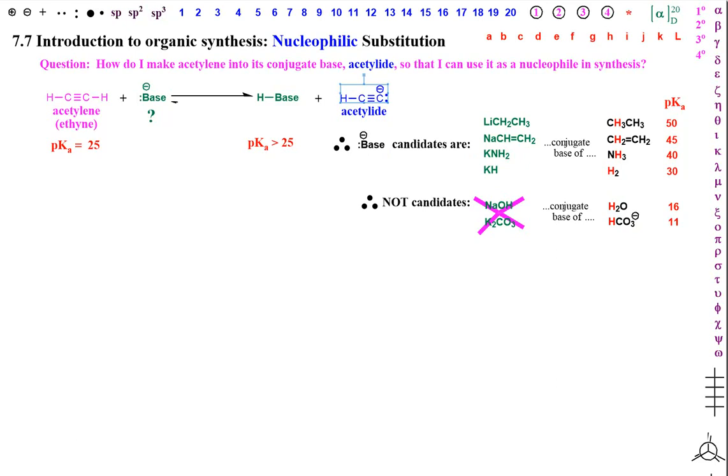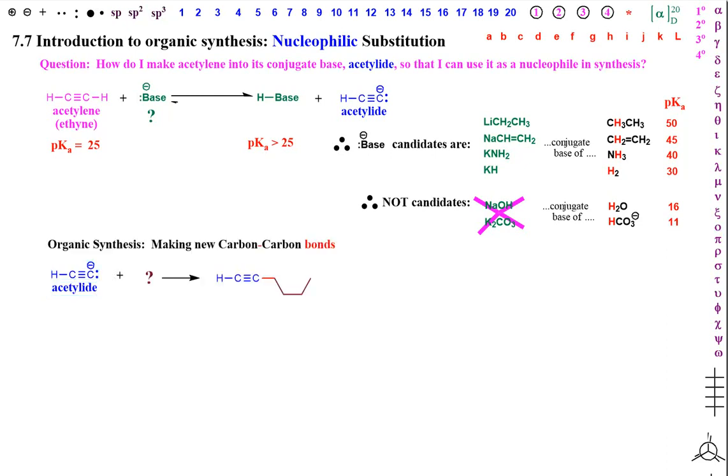So, with this knowledge that we have of methods of making acetylide, let's learn a new reaction that can make a carbon-carbon bond. And you might not know this yet, but making carbon-carbon bonds, that's what we call synthesis. Specifically, organic synthesis. The new question is, what molecule can I react acetylide with to make this new carbon-carbon bond to a butyl group?